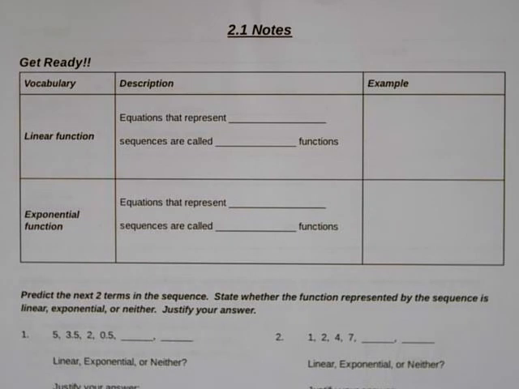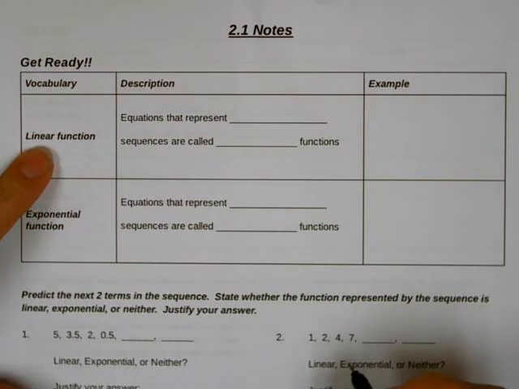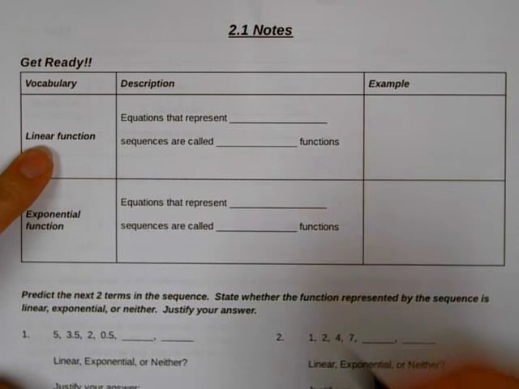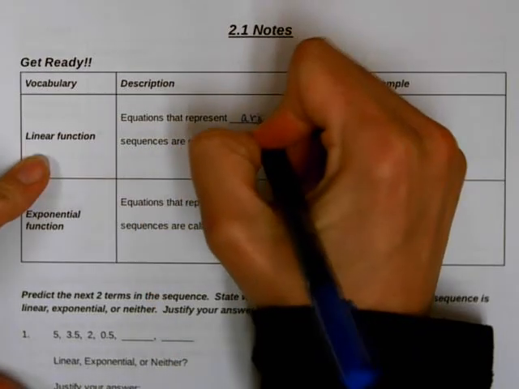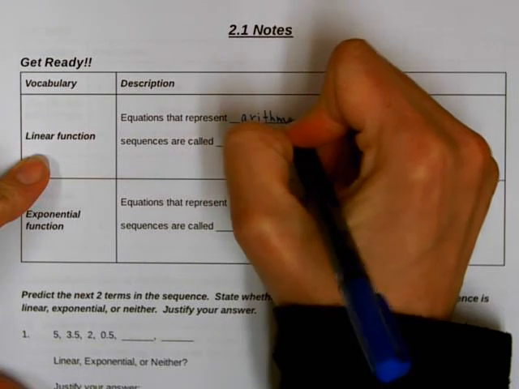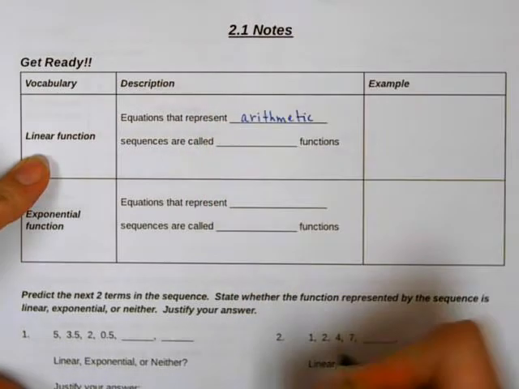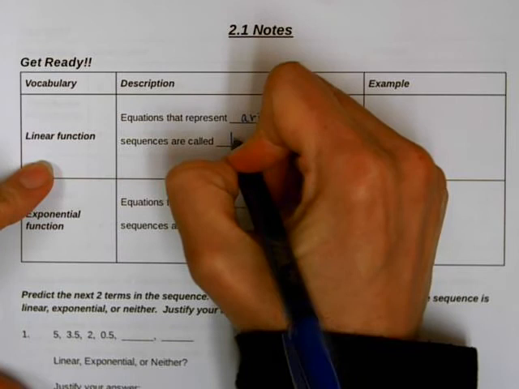So the first word we have, or term, is linear function. We say that equations that represent arithmetic sequences are called linear functions.